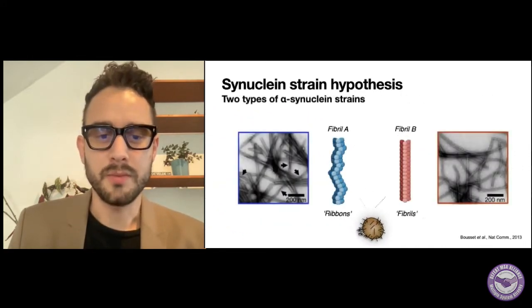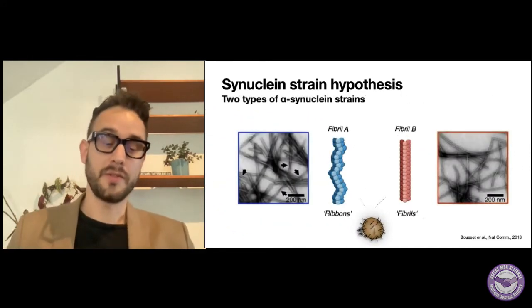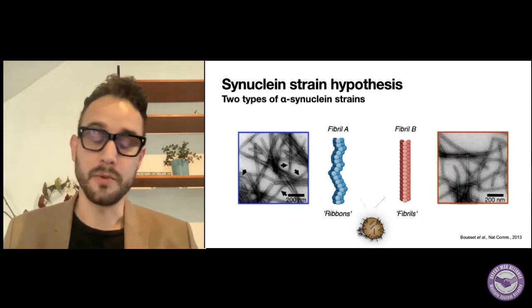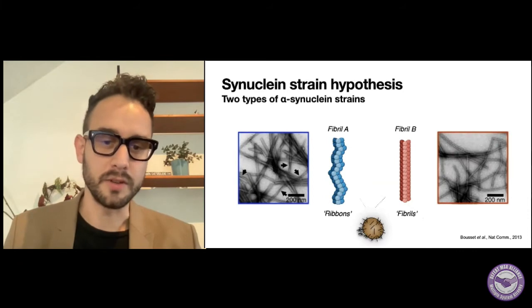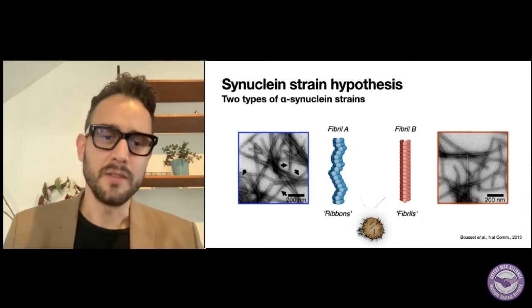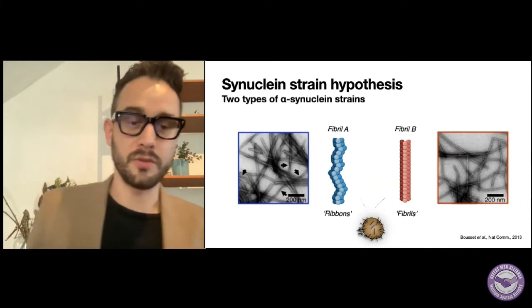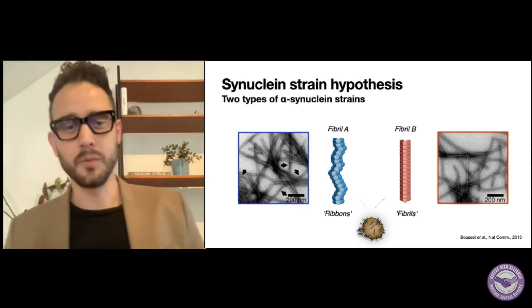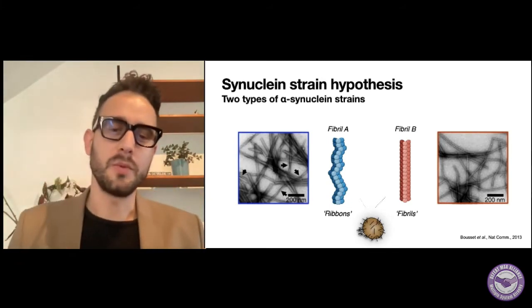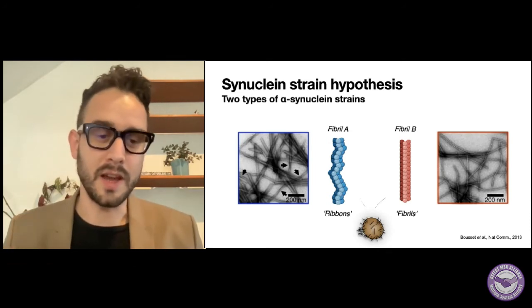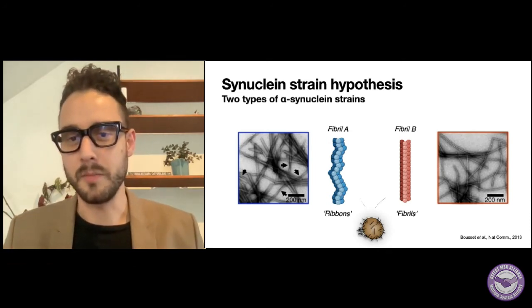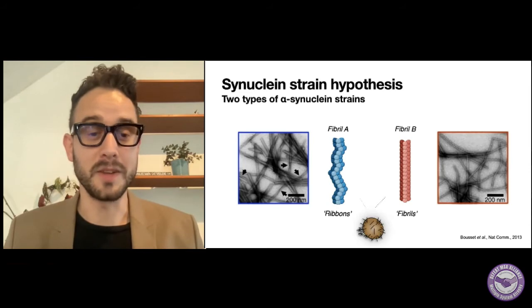And so to study this, we started working with the lab of Professor Melky, who will also be presenting here during these sessions. And in Professor Melky's lab, there was Luc Bousset, who started experimenting with these synuclein fibrils. And he almost literally isolated himself for several months, and this was actually pre-pandemic.